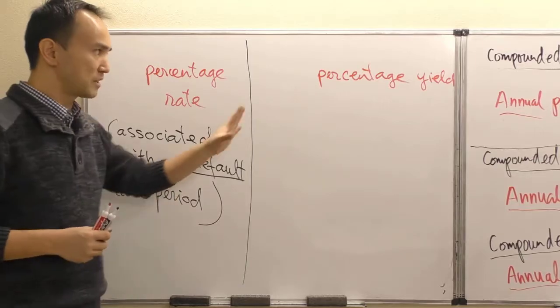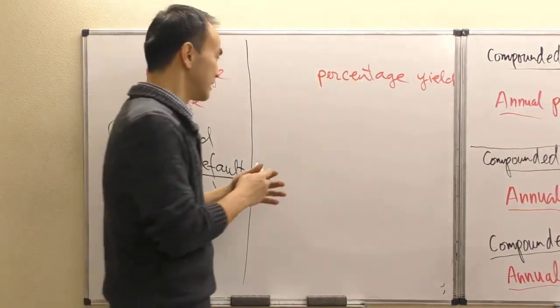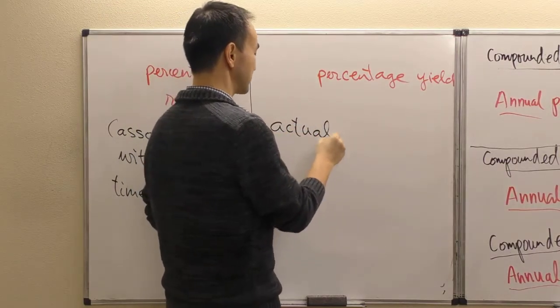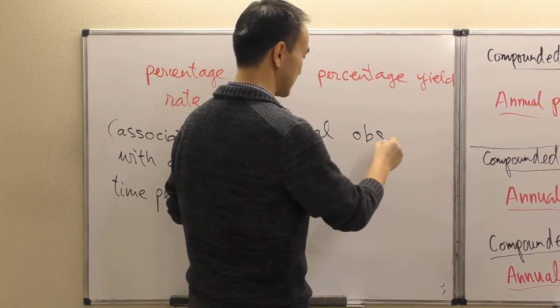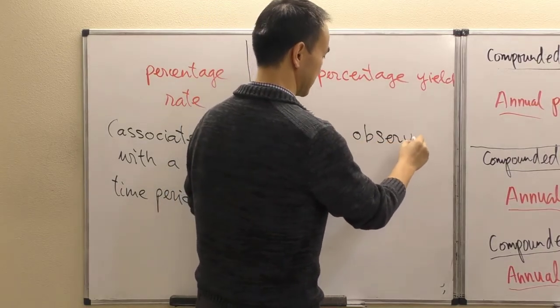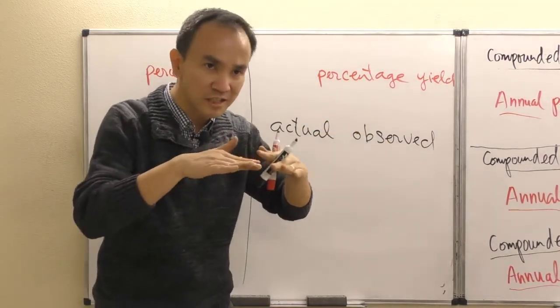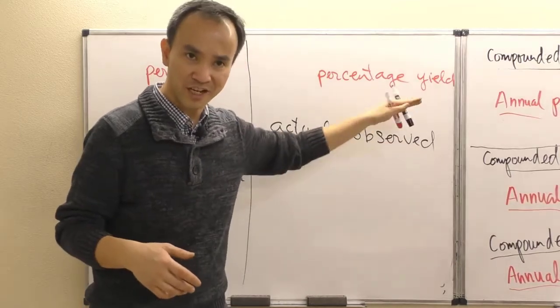But aside from that, there's what's so-called the percentage yield. The percentage yield is the actual observed one, because we have to finish doing all the compounding in order to observe and come up with this percentage yield.